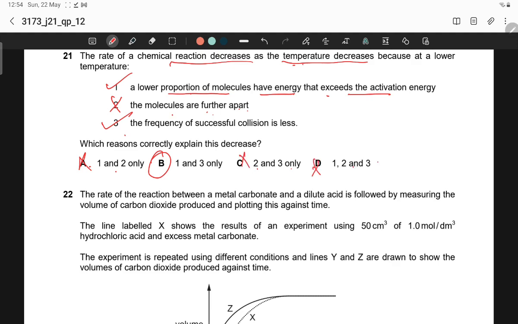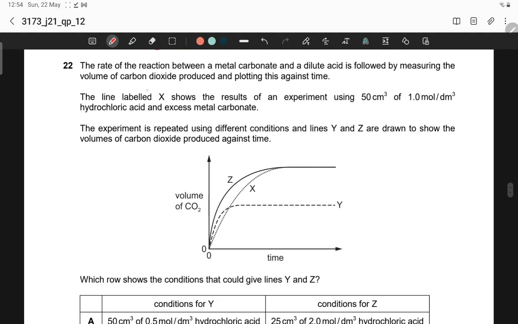1, 2, 3. The rate of reaction between a metal carbonate and dilute acid is followed by measuring the volume of carbon dioxide produced and plotting this against time. The line labeled X shows the results of an experiment using 50 cm³ of 1 mole per dm³ hydrochloric acid and excess metal carbonate.